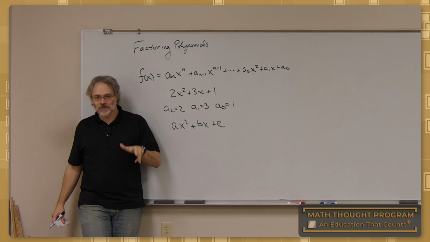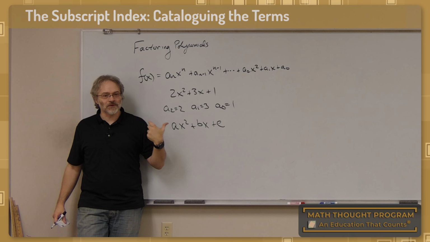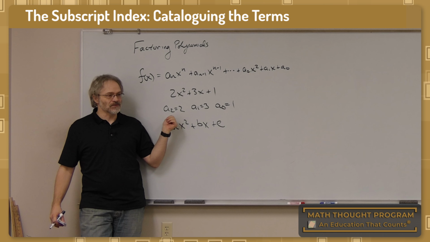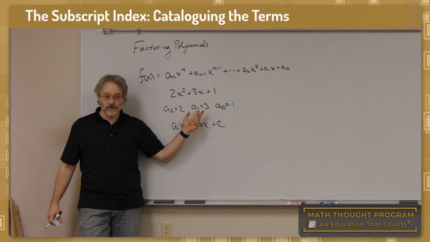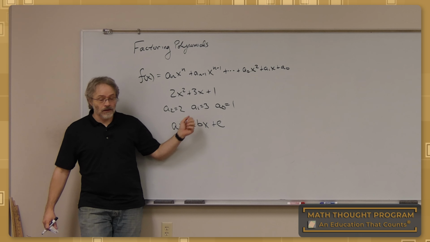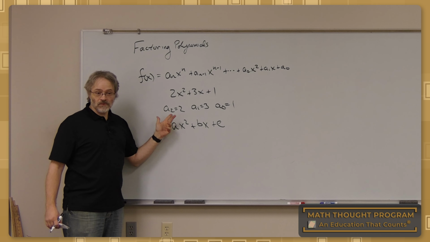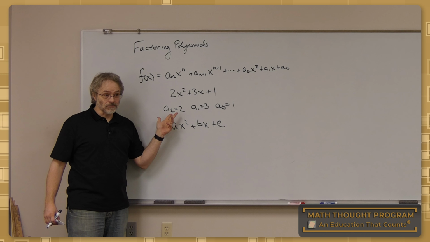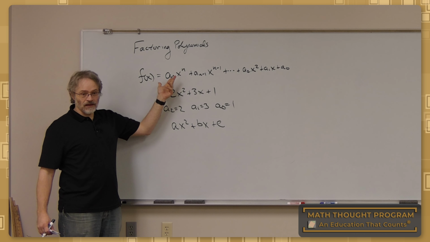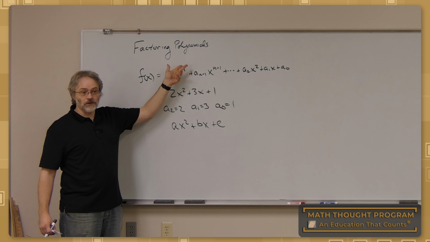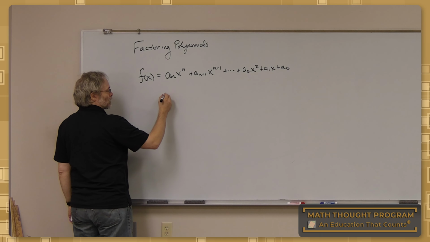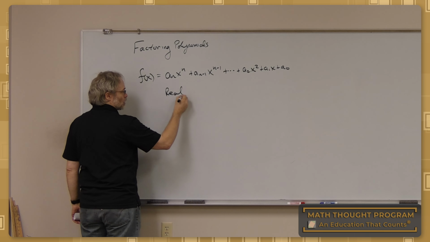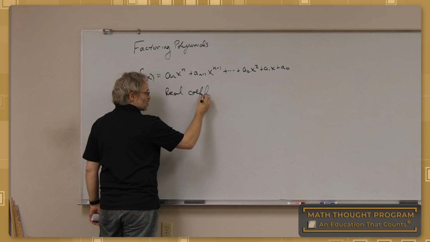At least you'll see them represented as subscripts. It's just a way to index the values. Is it the constant term? Is it the linear term, power 1? Is it the quadratic coefficient, power 2? Is it the nth term, power of n? That's all it represents. So again, we're going to assume that we're going to have real coefficients.